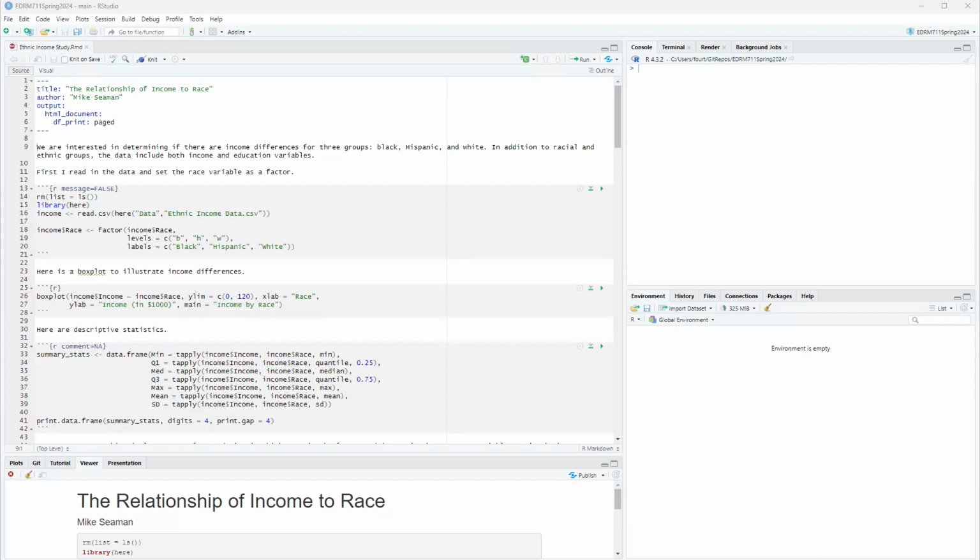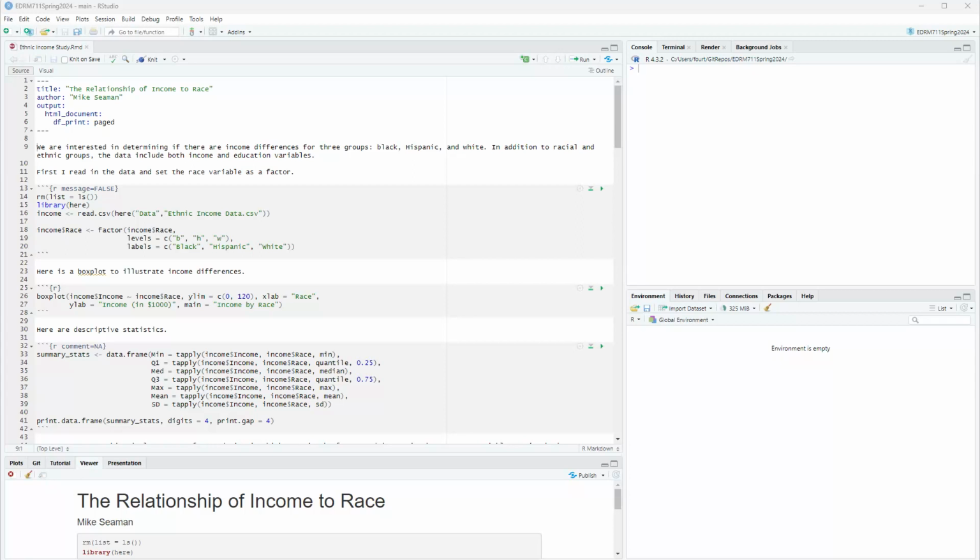We're looking at the relationship of income to race. That is, do we see differences in income levels for members of these different categories? That would be an important question to examine, and it is the one we're going to examine here.